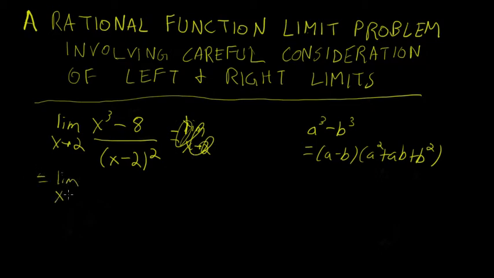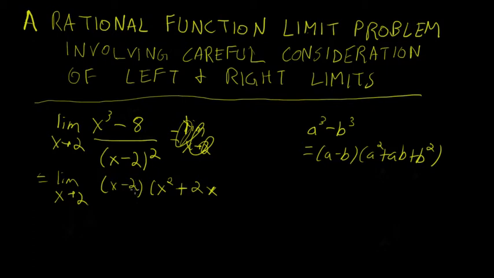Limit as x tends to 2. The a minus b term will be x minus 2, since the x is the a term and the 2 is the b term. A squared will be x squared, plus a times b, so plus 2x.